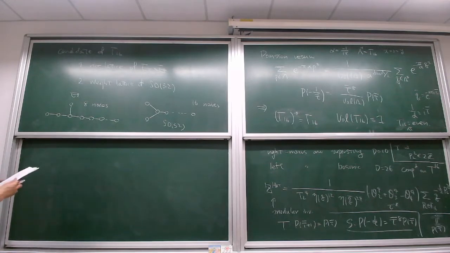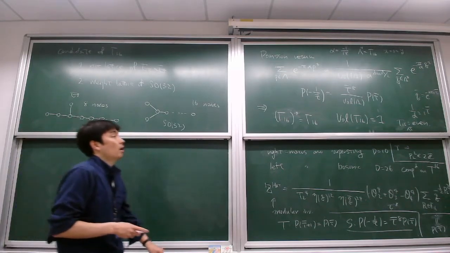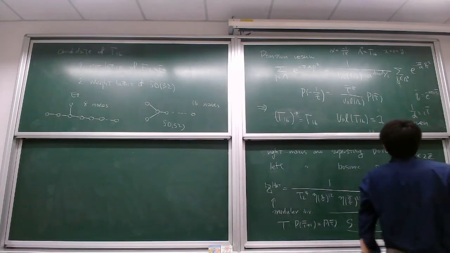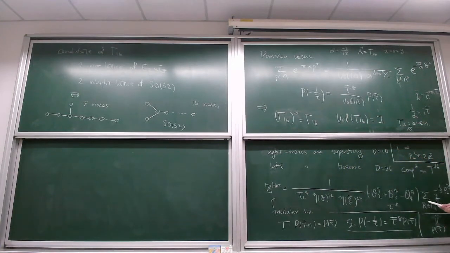And then now we just look at the partition function here, and one can read off how many massless states, bosonic massless states, there are.